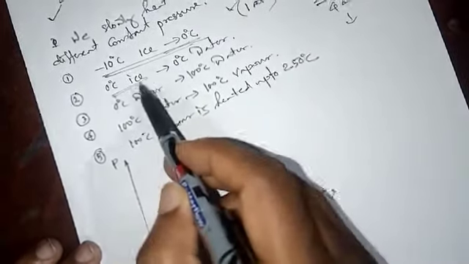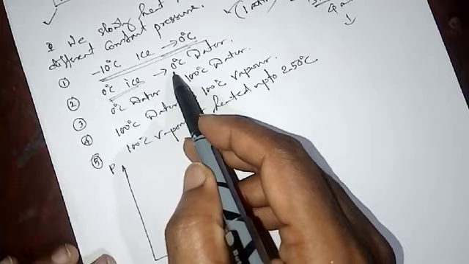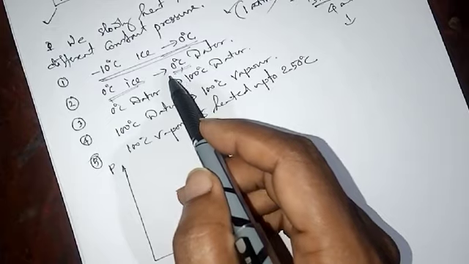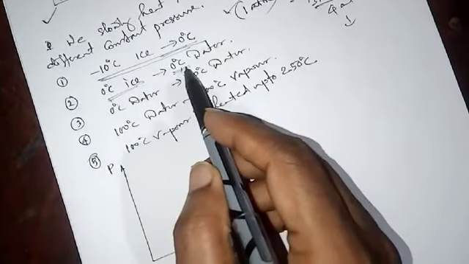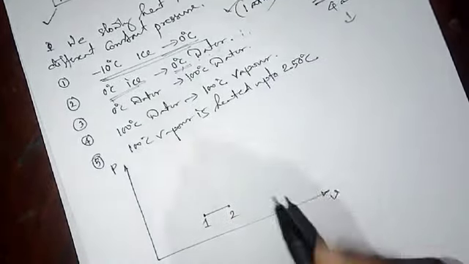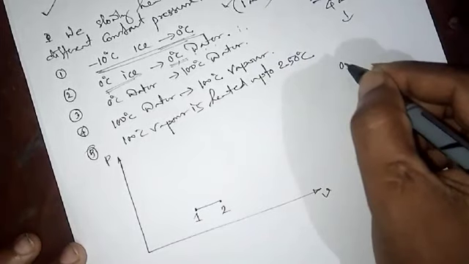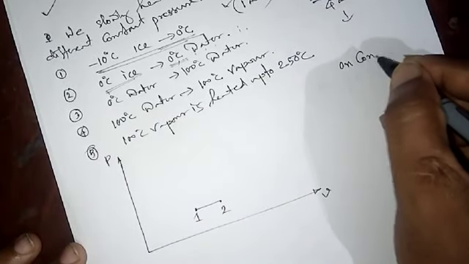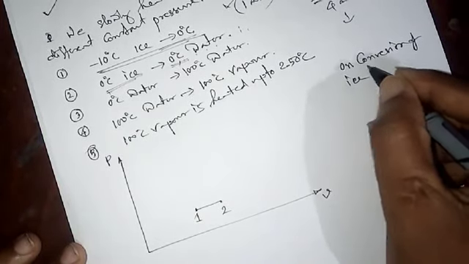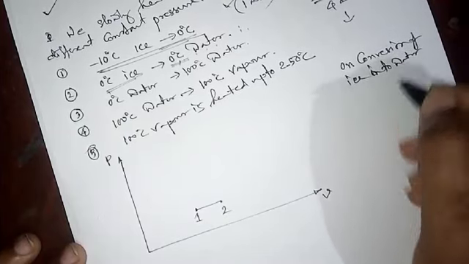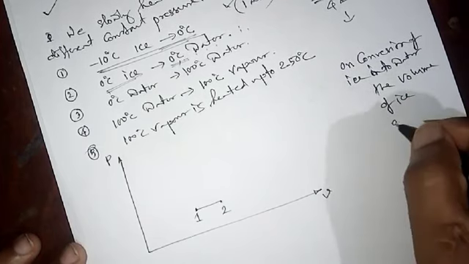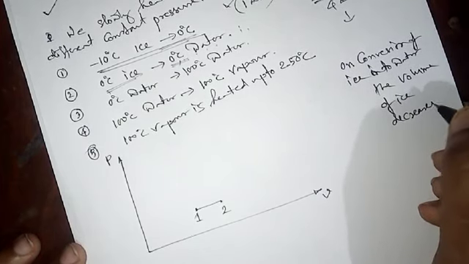Now 0 degree centigrade ice is heated to 0 degree centigrade water. That means 0 degree centigrade ice is converted into 0 degree centigrade water by absorbing latent heat of fusion. So we know on conversion of ice into water, the volume decreases.